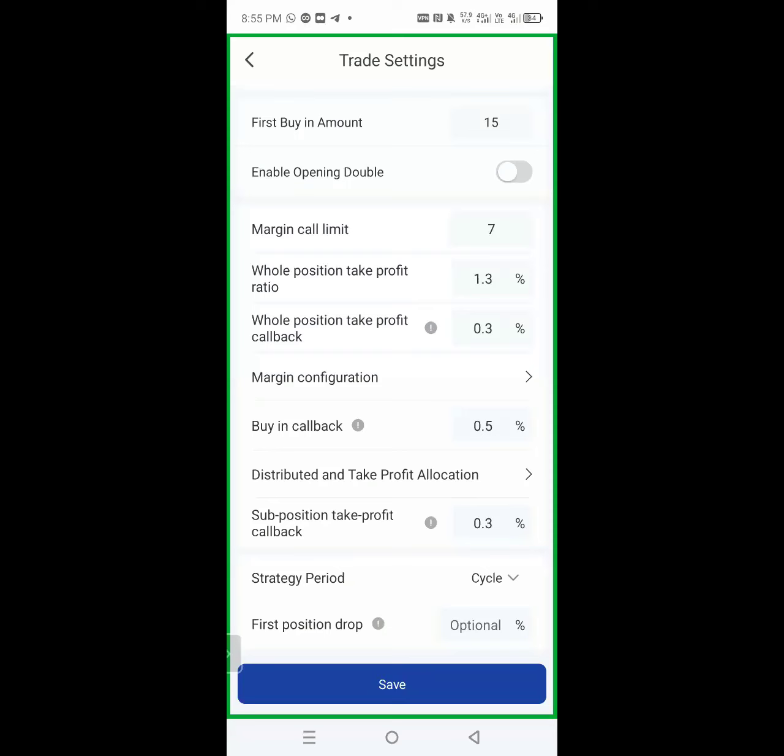The robot should buy at the best reduced price for you. When you want to buy rice, you'll be looking for the cheapest in the market. That is what the robot is doing. It will make sure that this coin has gone down to the lowest and it has started coming up. It's not going down again.